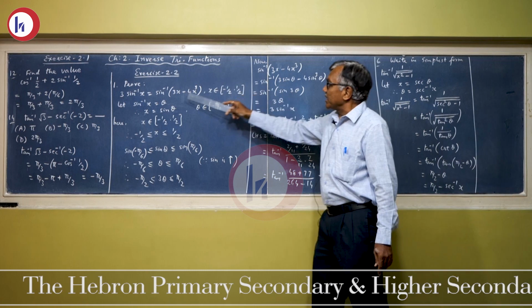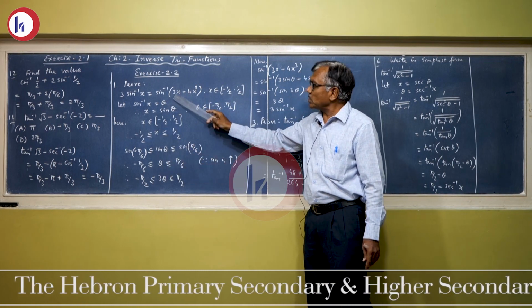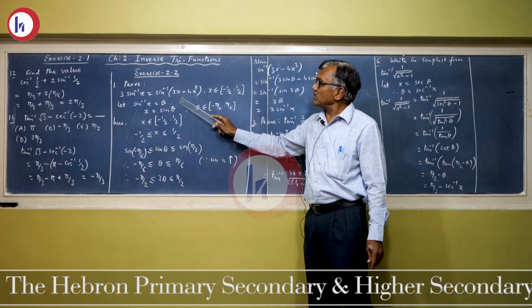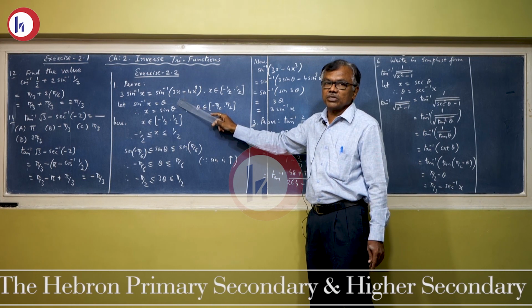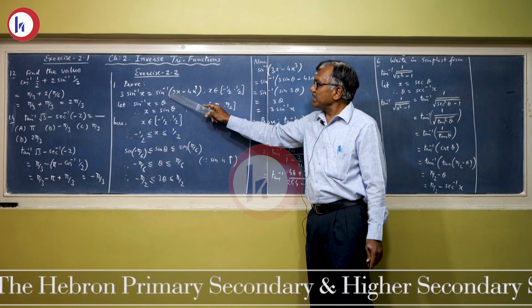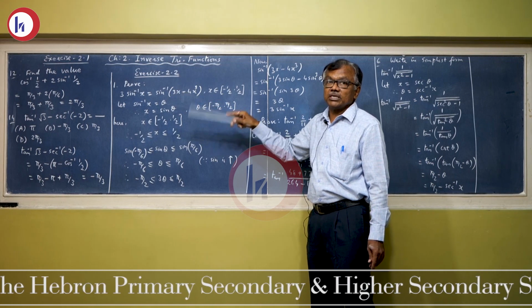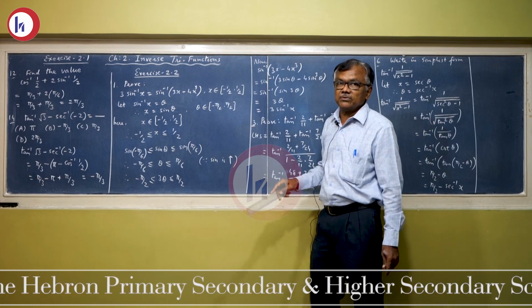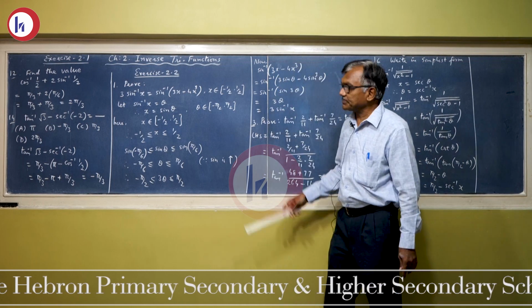Because when you substitute x equals sin theta, this becomes 3 sin theta minus 4 sin cube theta, so this becomes sin inverse of sin 3 theta. Sin inverse sin 3 theta equals 3 theta if 3 theta is in the range of sin inverse. And what is the range of sin inverse? The range of sin inverse is minus pi by 2 to pi by 2, closed interval.